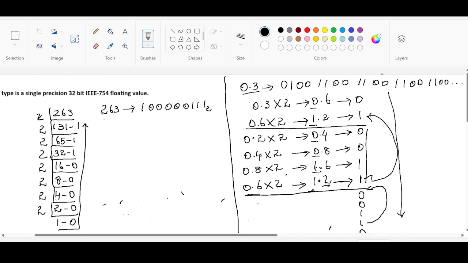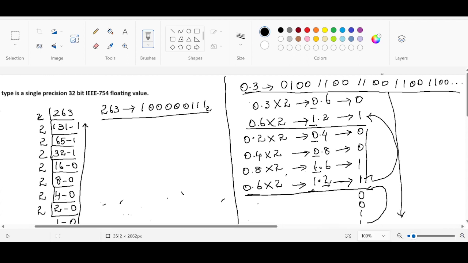So step 1 has been achieved. We have found the equivalent binary number for the whole number part, and we know the equivalent binary number for the fractional part. Now we have to do step 2.